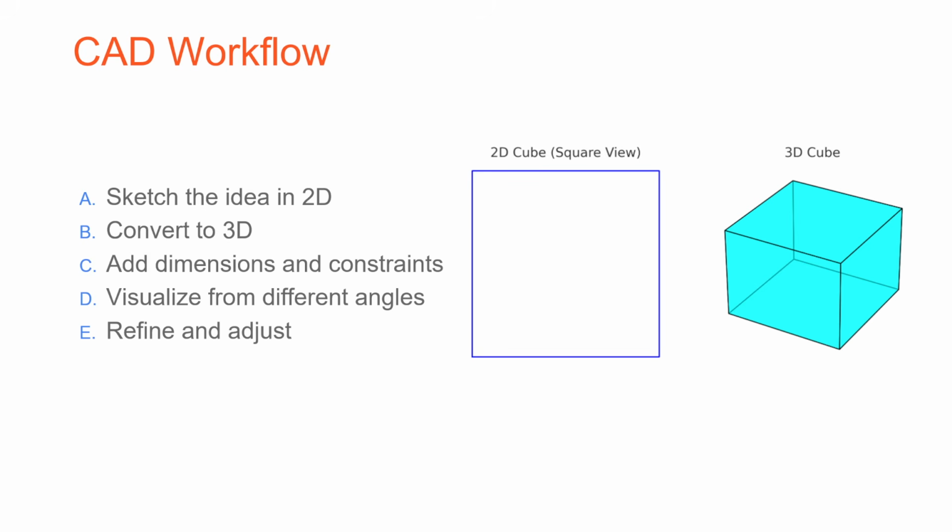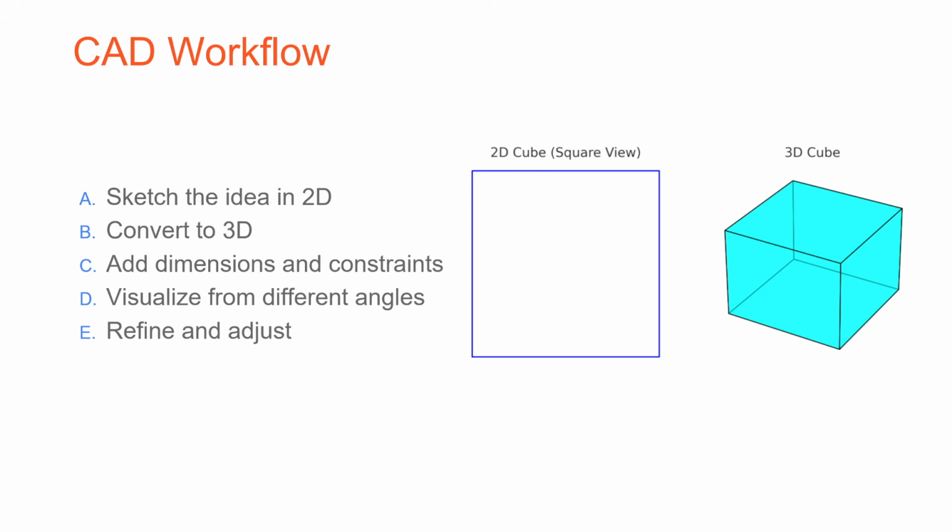Make sure your object is the right size and proportions. The next is visualize: rotate and examine the 3D model from different angles. Refine and adjust: make changes until the design is correct. This workflow trains you to think like a CAD designer before touching software. Beginners often make the mistake of jumping straight into the software without planning, which can be frustrating.